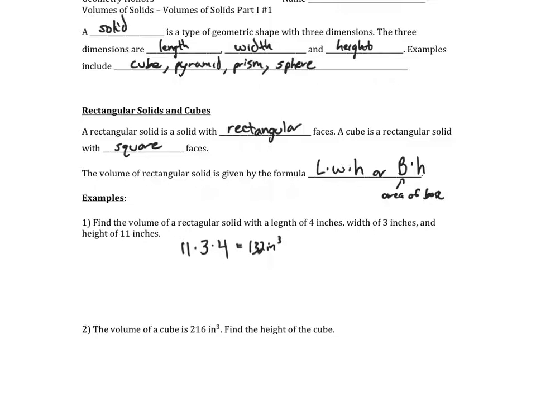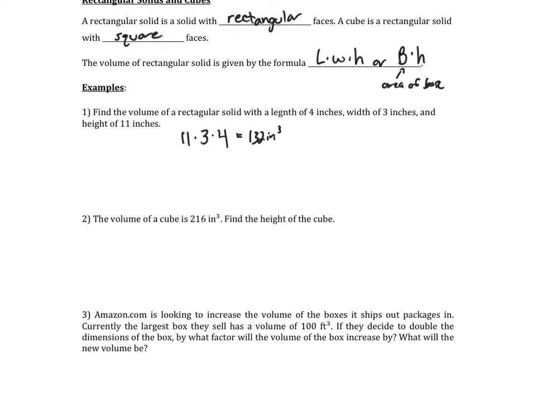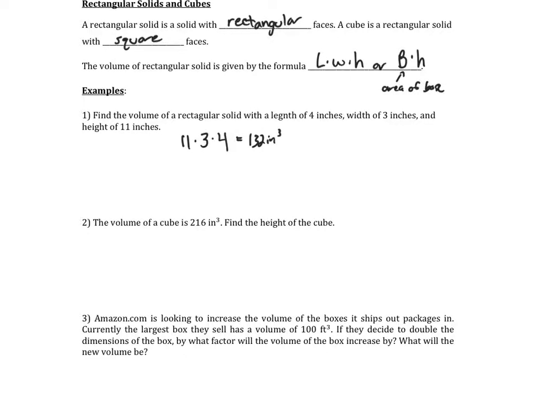Problem 2. The volume of a cube is 216 inches cubed. We know a cube has all square faces from above. So since we know this is a cube, I'm just going to draw this out. If I have a cube, let's see how good my drawing skills are. And every side of that cube is x.